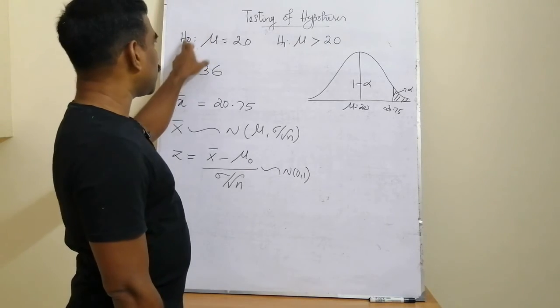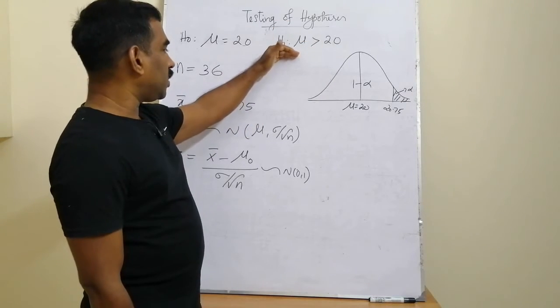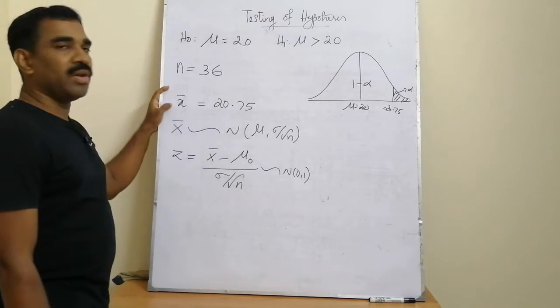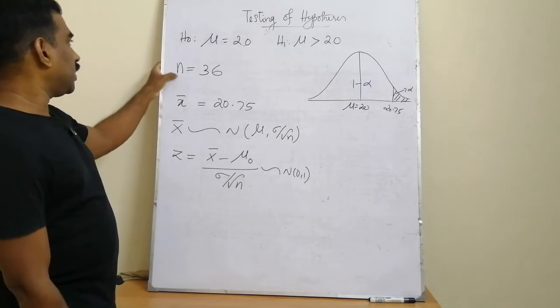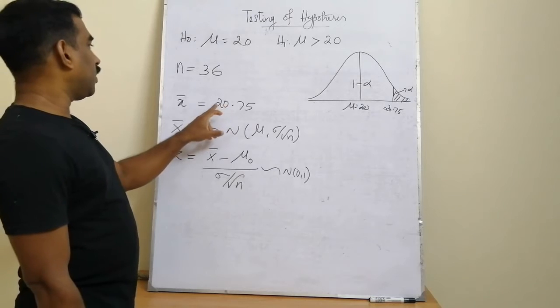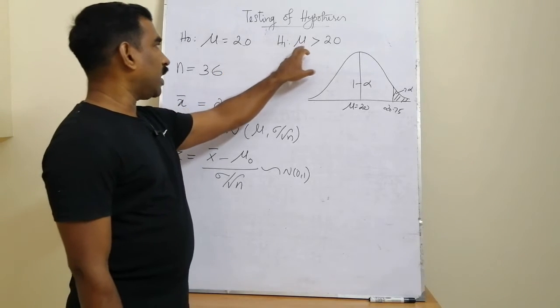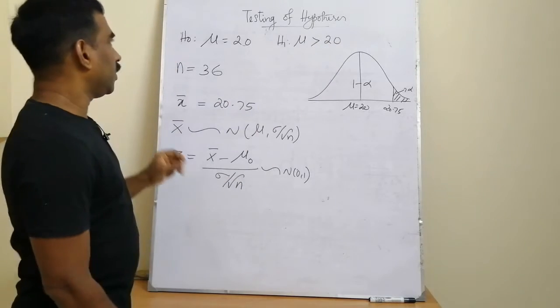Corresponding to every null hypothesis, there will be an alternative hypothesis, and this alternative hypothesis is based on our sample information. For these 36 samples, we have computed the sample mean, and we have observed that the mean value is greater than 20. So we have taken that alternative hypothesis mu greater than 20.